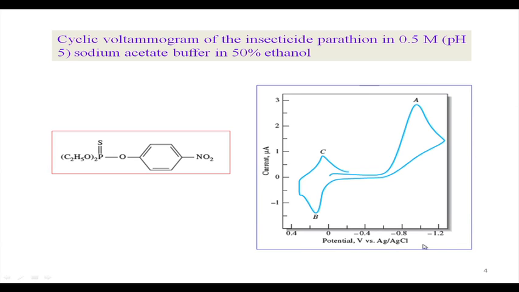So the potential on the x axis is plotted in terms of V versus silver chloride electrode, which is a very well known and very well established standard reference electrode. So this standard reference electrode can be used for your corresponding measurement, and that measurement is giving you the corresponding values for your 3 electrode system within the cell.